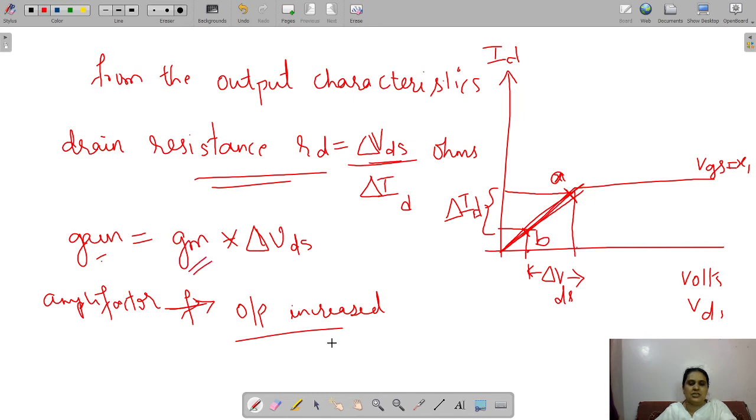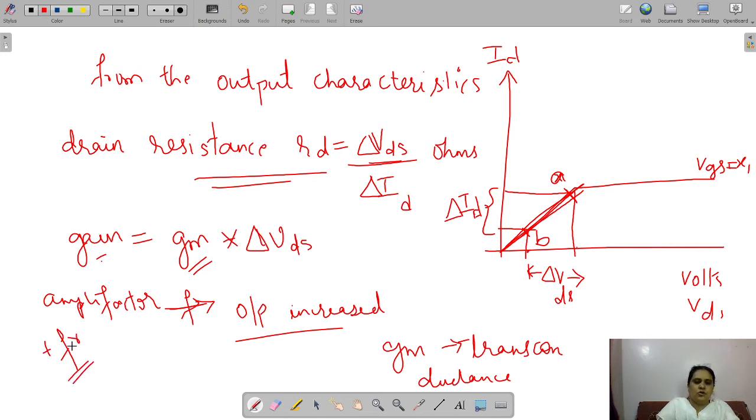So what is this gm? The gm is a parameter called transconductance, and usually we obtain this from the transfer characteristics.